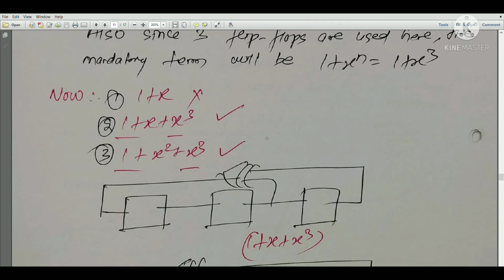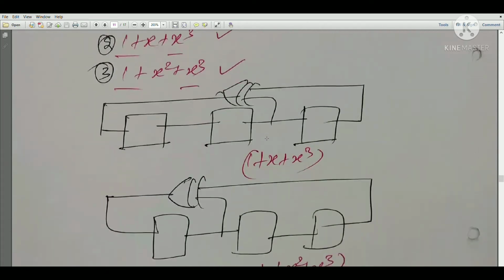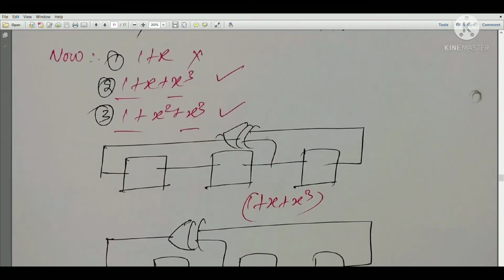So the second and third factors are providing me the output for the primitive polynomial, and both are primitive polynomials, and based on this design I can have the tappings like this. Now for the first, 1 plus x cube, I have the same logic as drawn in the previous page.